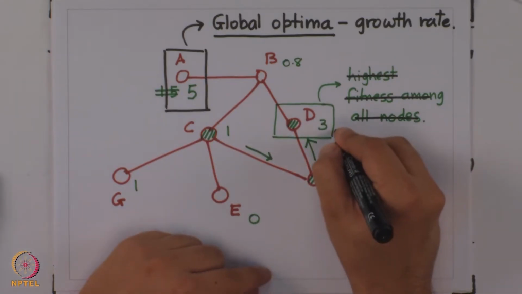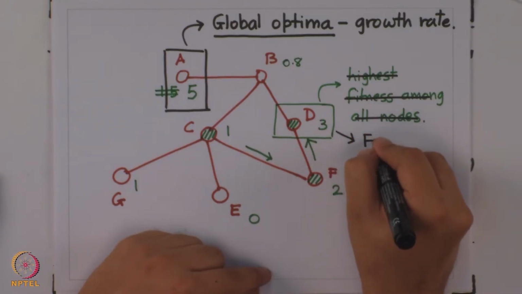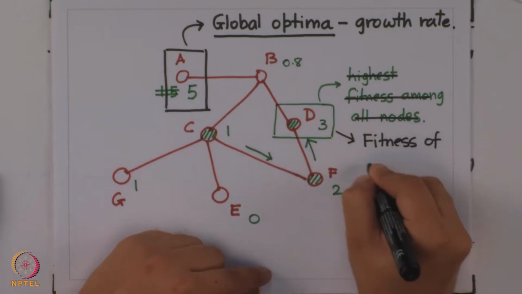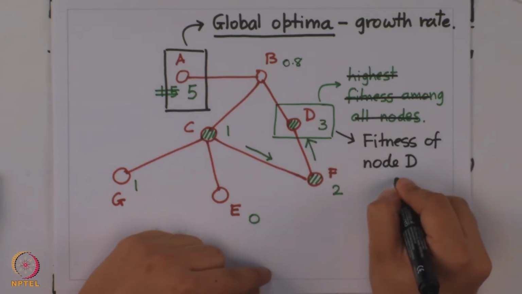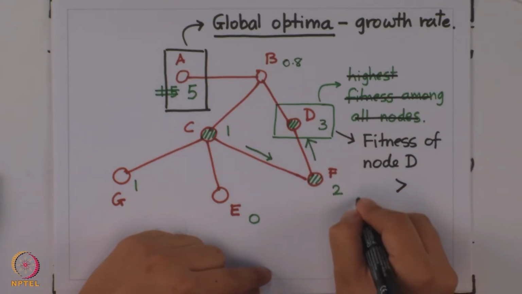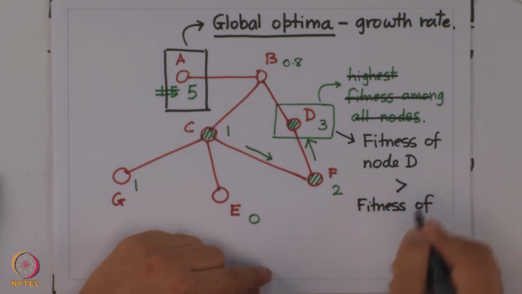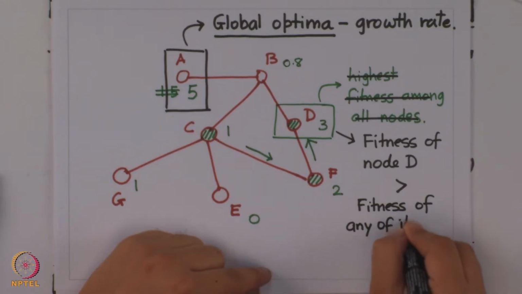The characteristic of node D is that the fitness associated with node D is greater than the fitness of any of its neighbors.